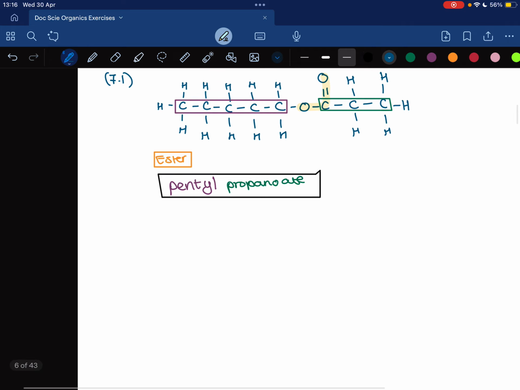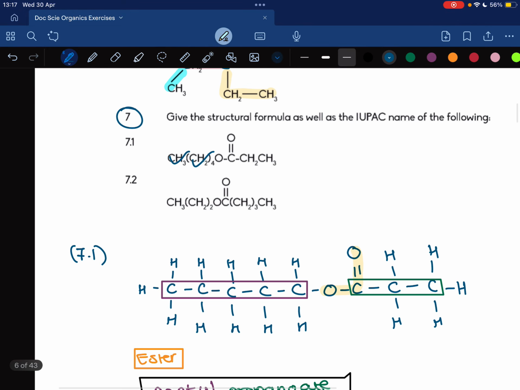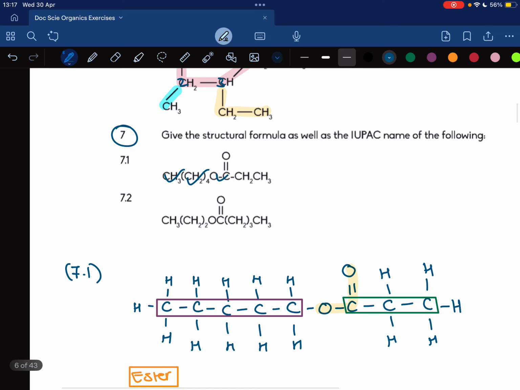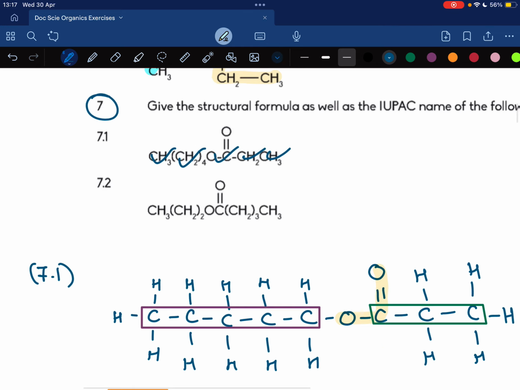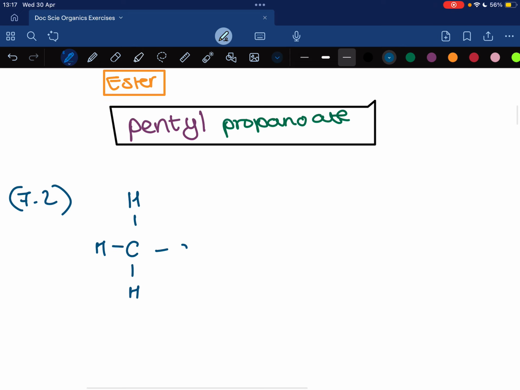Then let's look at 7.2. 7.2 starts with a CH3. Then CH2 twice.